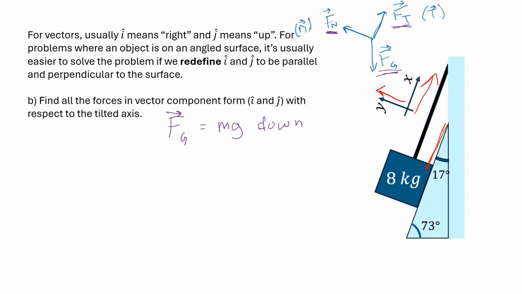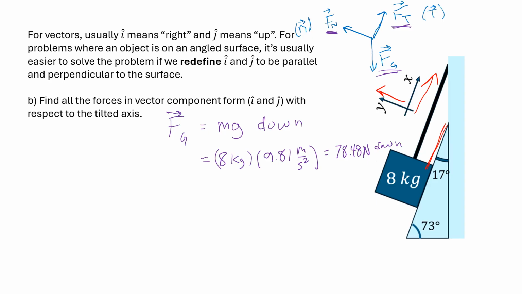In this case, we have these values. We have the mass, which is 8 kilograms, and g, which is 9.81 meters per second squared. And so the vector is 78.48 newtons downwards. The magnitude is 78.48, and the direction is downwards, but downwards is not along our x or y directions, and that can be a little bit tricky.